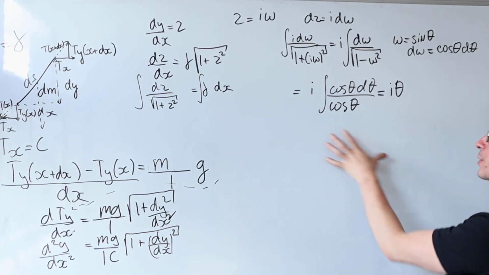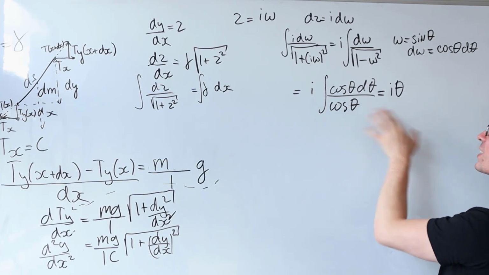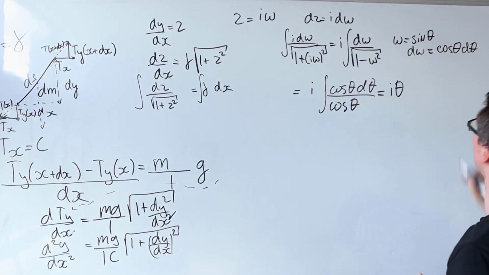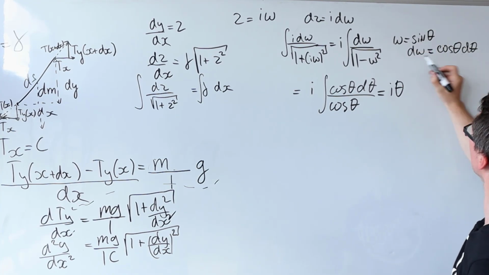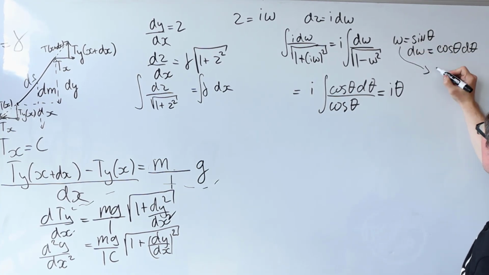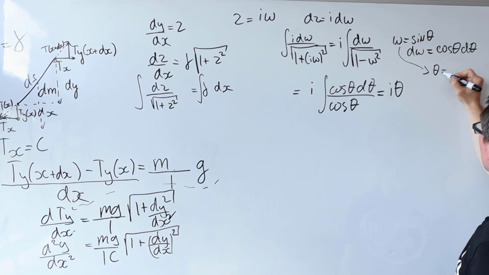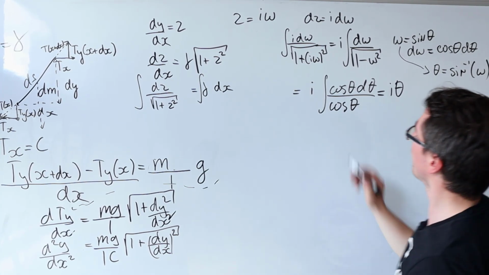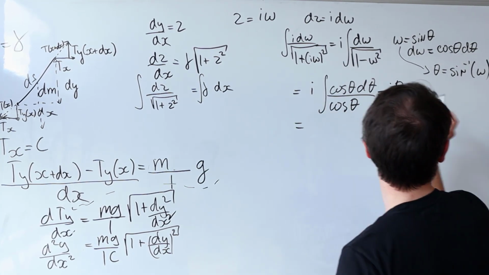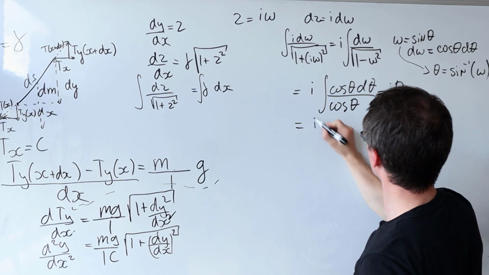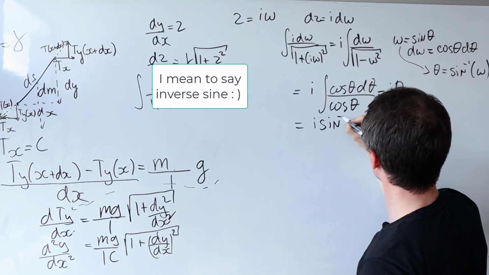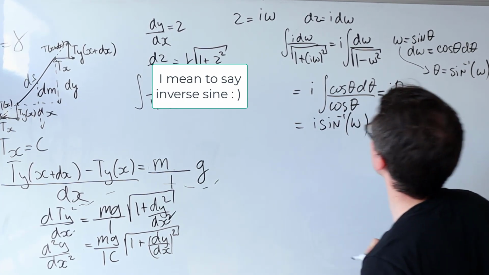Okay, well, this is the integral in terms of theta. How is theta related to w and then later on to z? We know that w is sine theta. This of course means that theta will be the inverse sine of w. In other words, this integral should be equal to i times inverse sine of w.